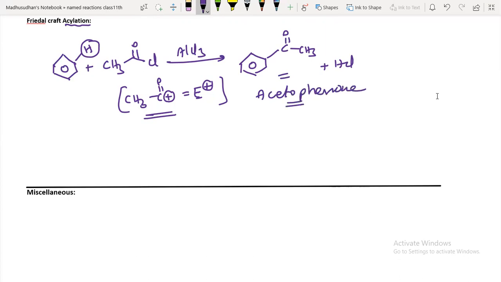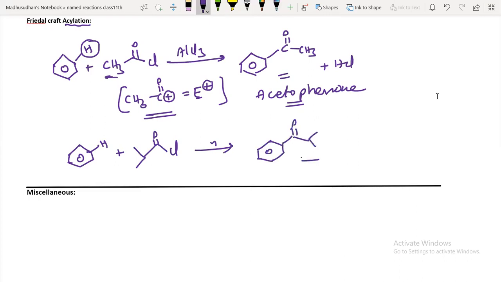You can also create some other electrophilic substituted products in acylation. You can take anything. Instead of methyl, you can take isopropyl also. So what product can you expect now? C double bond O isopropyl group, and the byproduct is HCl. So this is Friedel-Crafts acylation.